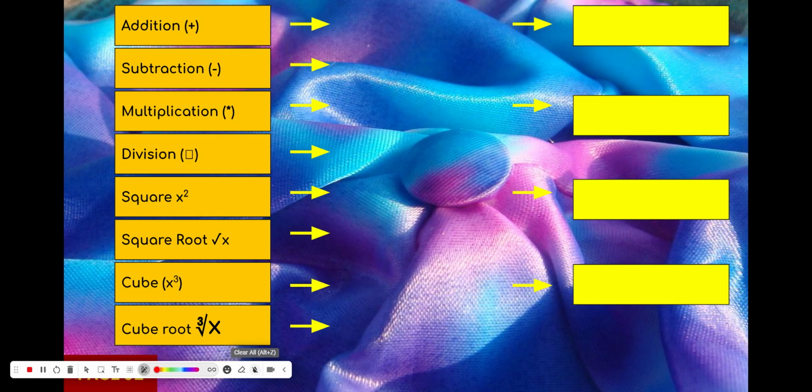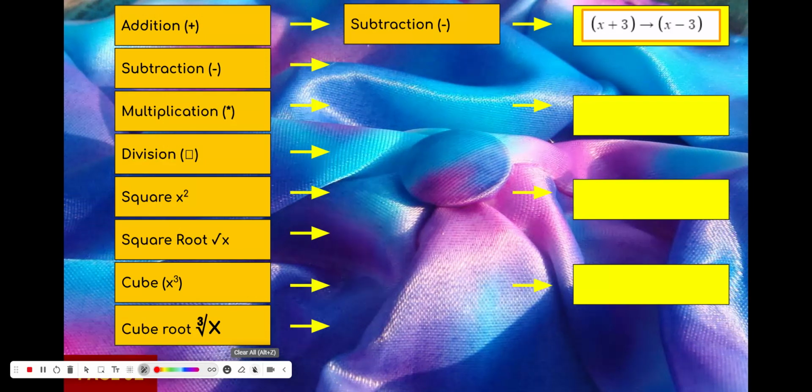So I have operations. Addition has an inverse of subtraction, or the inverse of addition is subtraction. For example, x plus 3 becomes x minus 3. From addition, it turns to subtraction. Now, subtraction has an inverse of addition, where again, if you put that as an example, you'll just need to reverse the example on top.